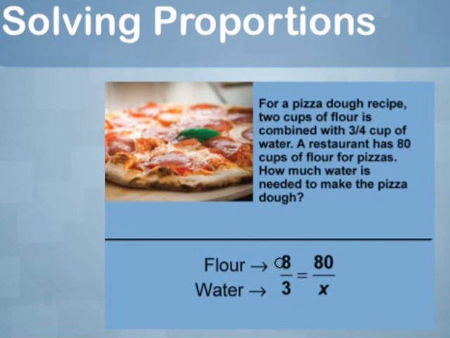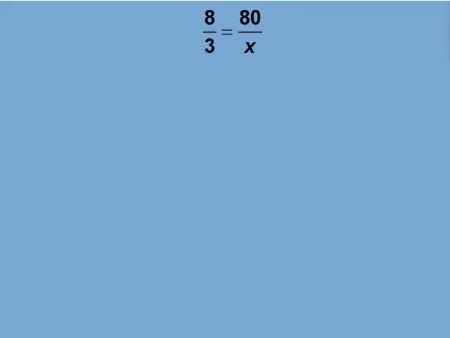Here is the equation. 8/3 equals 80 over x. Notice that x is in the denominator. So as part of the process for solving this equation, we want x in the numerator and on the left side of the equation. Start by multiplying both sides by x, as shown here. On the left, we have 8/3 x, and on the right, we have 80.